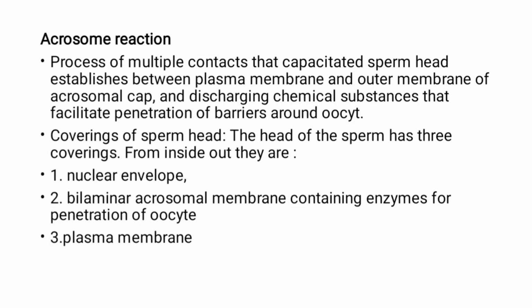Now the acrosome reaction. This is the process of multiple contacts that the capacitated sperm establishes between its plasma membrane and the outer membrane of the acrosome cap. This results in the discharge of chemical substances that facilitate penetration of the barriers around the oocyte.